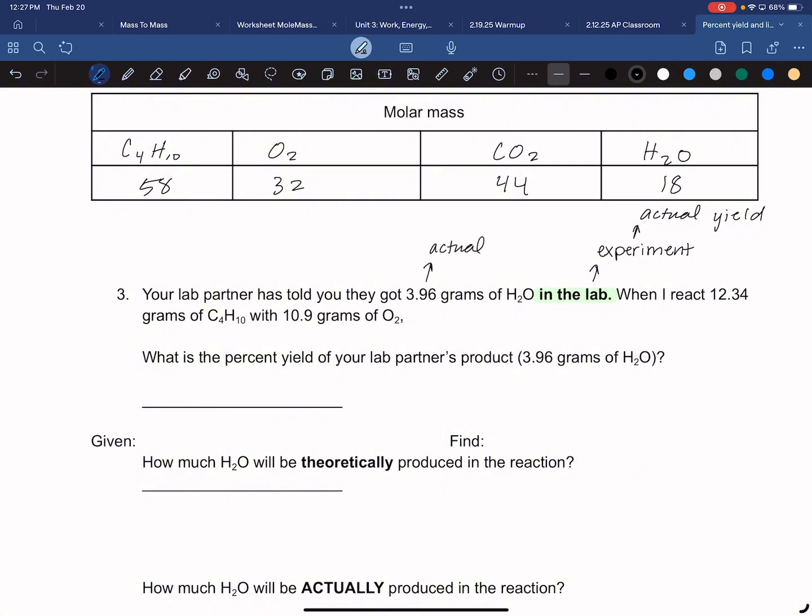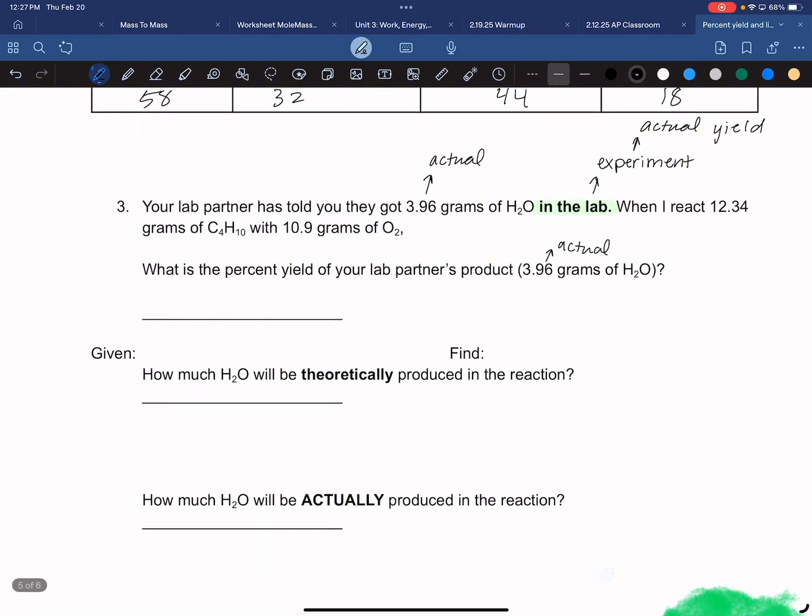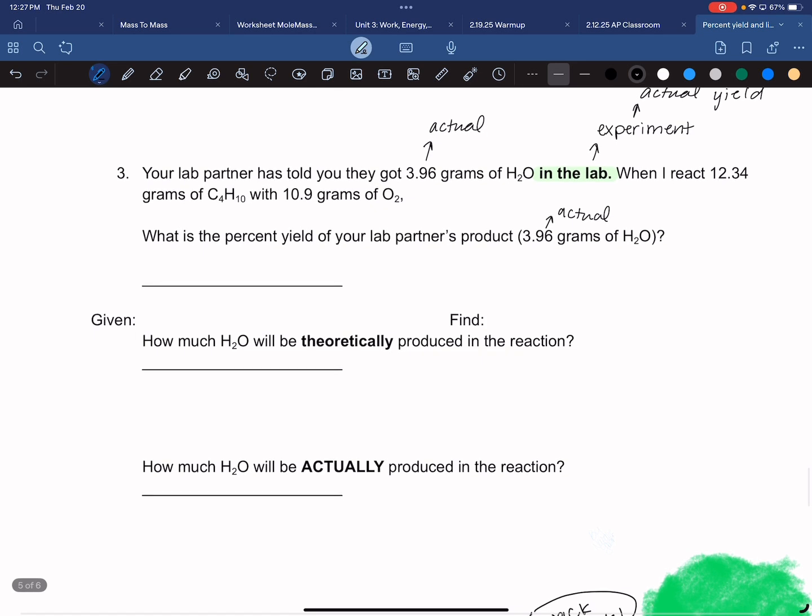When I react 12.34 grams of C4H10 with 10.9 grams of O2, didn't I already do this problem? Yeah, I already did it. What is the percent yield of the lab partner's product, which was 3.96? So you remind yourself that this is actual. From here, we're going to find what is my theoretical.